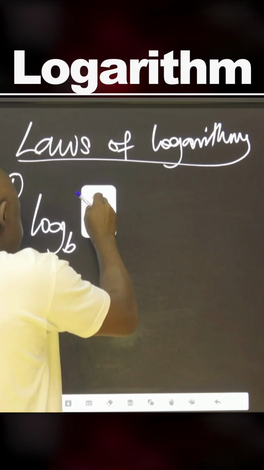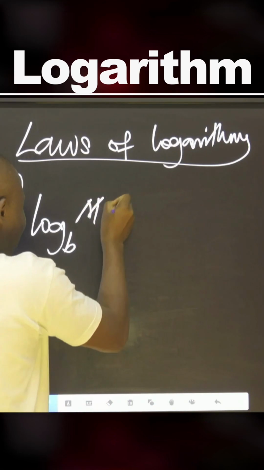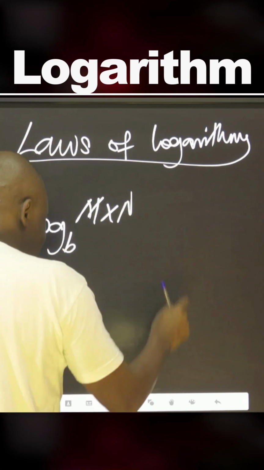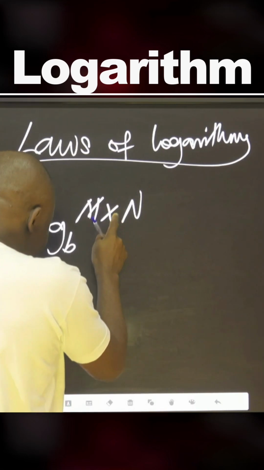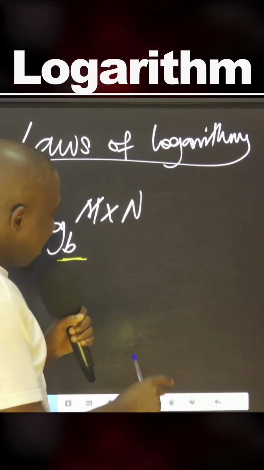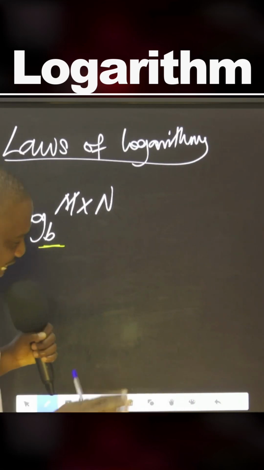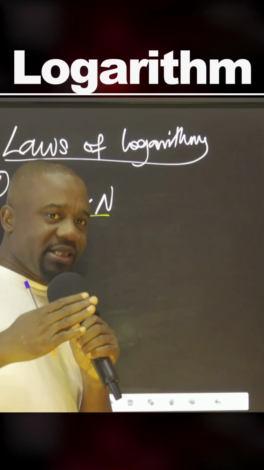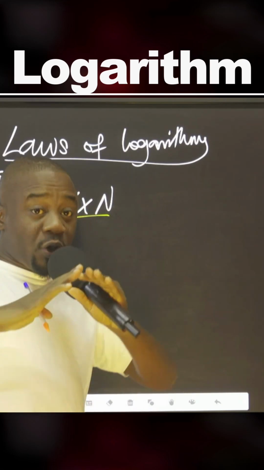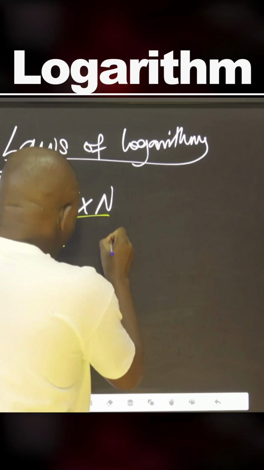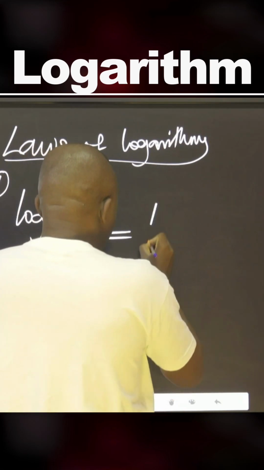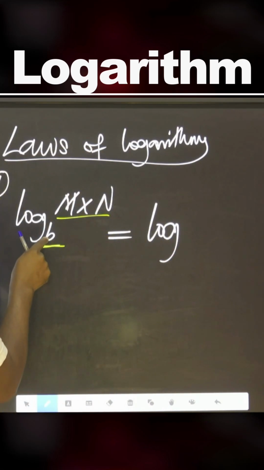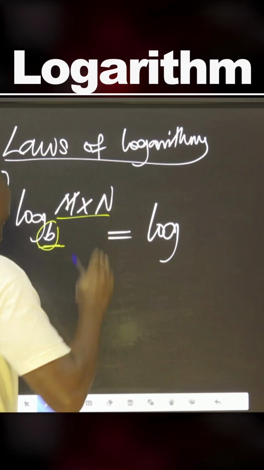So what it's saying is, if there is multiplication between these numbers to the base of anything, if, for instance, there is a fight between m and n, you as the leader want to separate them. What you should do is say, I know this base is carrying two of you.